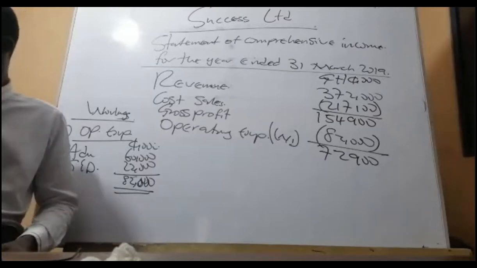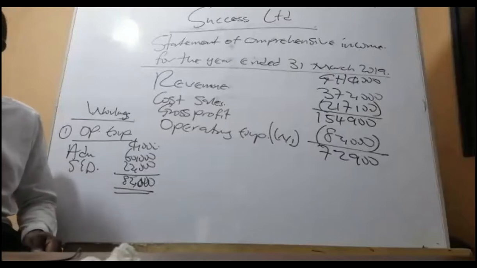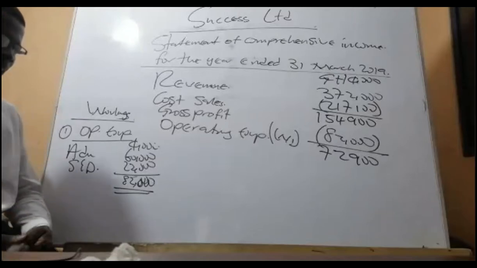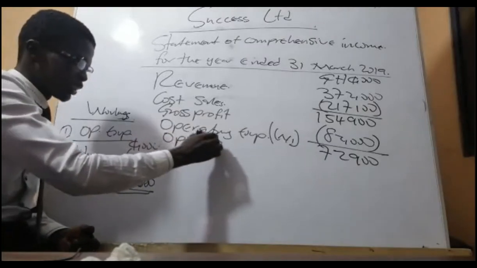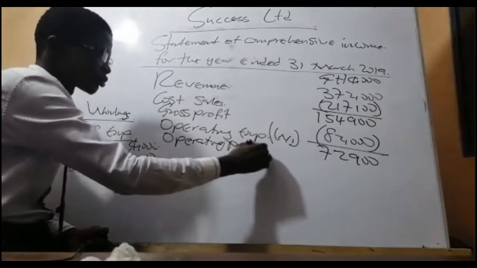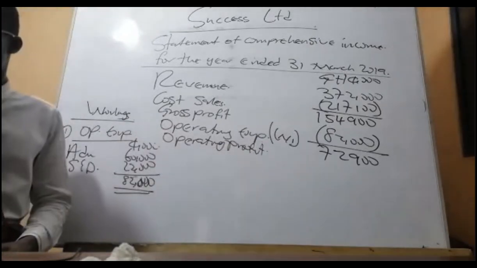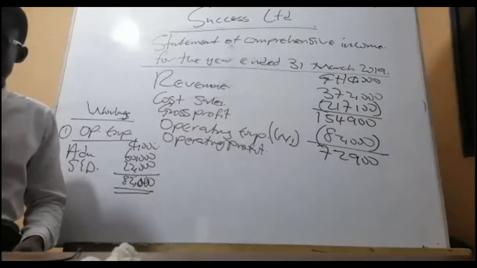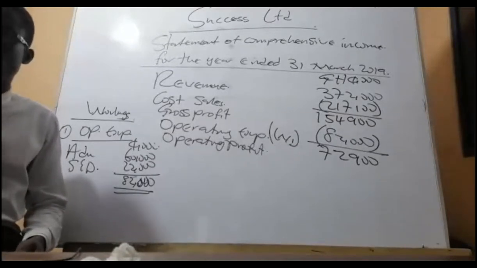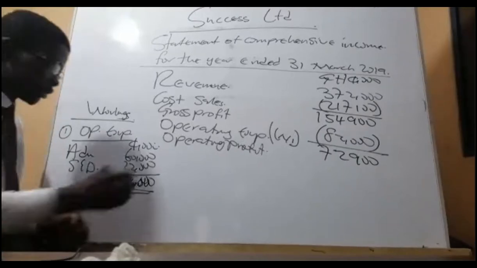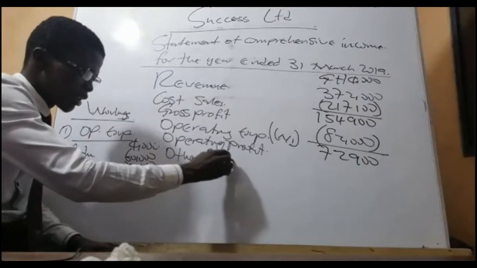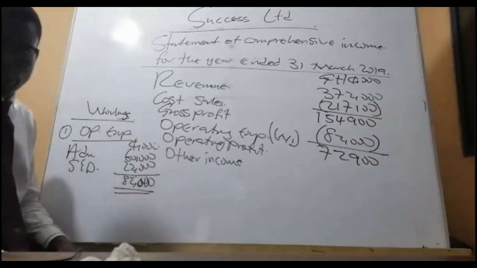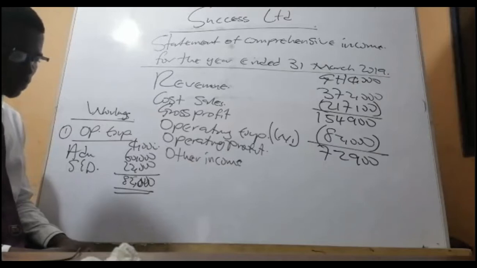Then operating profit. Okay. Operating profit. And from here, where do you go to? Yes, you go to other income. So other income. So with the other income, you go to your trial balance.